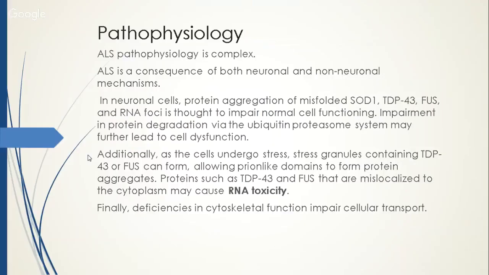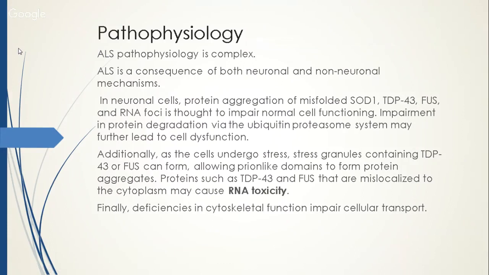As we can see in the pathophysiology, not only TDP43 was involved; other genes or proteins such as SOD1 were involved, eventually leading to this RNA toxicity and the cytoskeletal impairment and dysfunction.